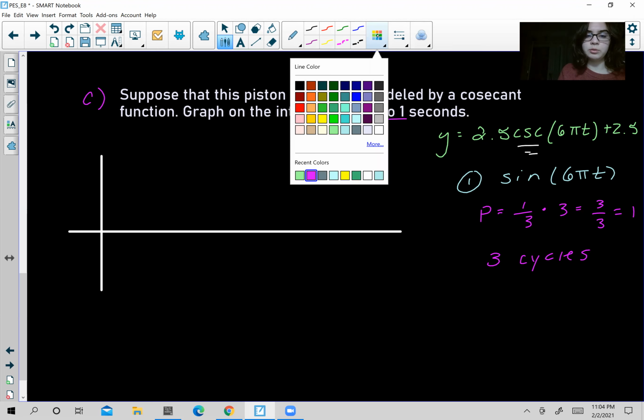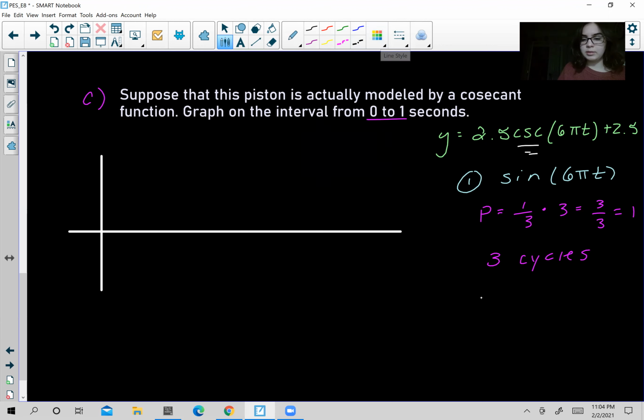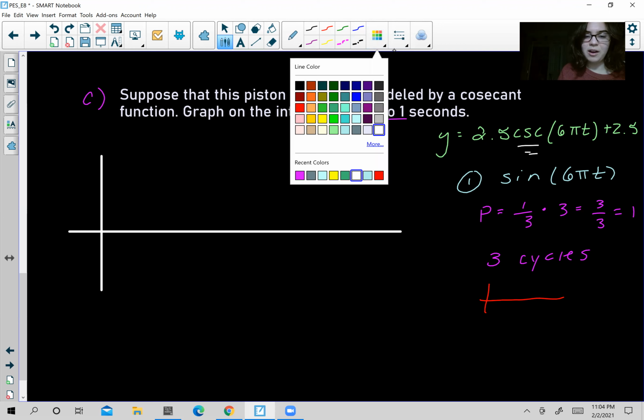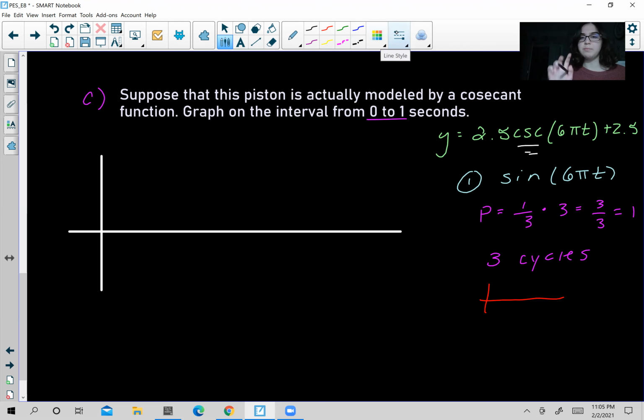So we're going to have 3 cycles. And then what I like to do is make a little mock version of a sine graph to think about how many points of interest we have. So how many points do we want to graph on here? The sine function starts in the soil, if you remember that saying. So it starts here, and then we're going to go like this. That's 1, 2, 3.